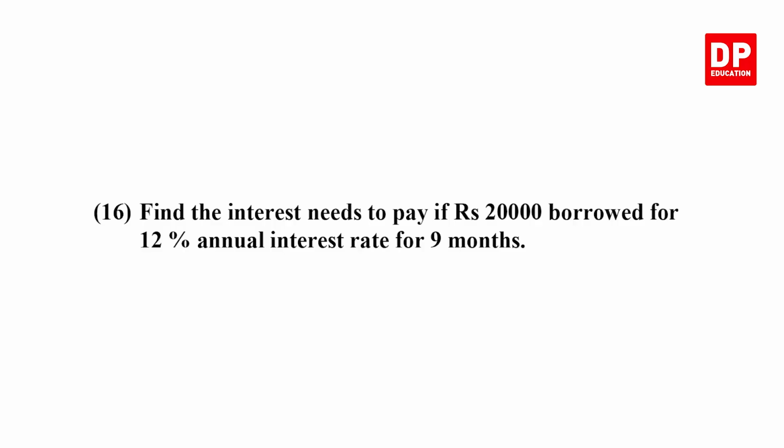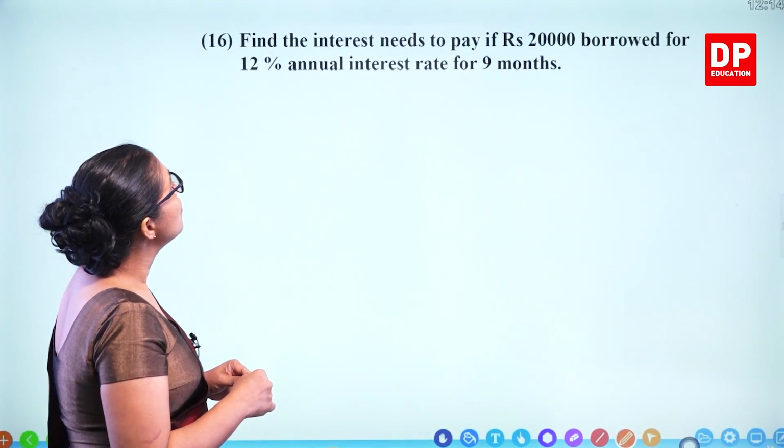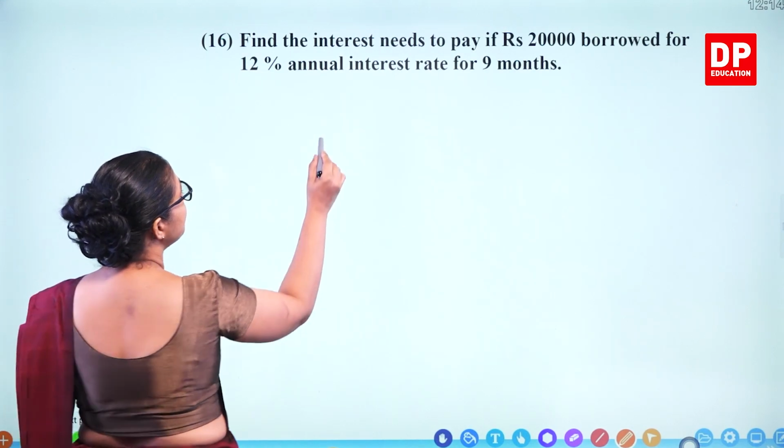Question number 16. Find the interest you need to pay if 20,000 rupees is borrowed at 12% annual interest rate for 9 months. So interest you need to find.